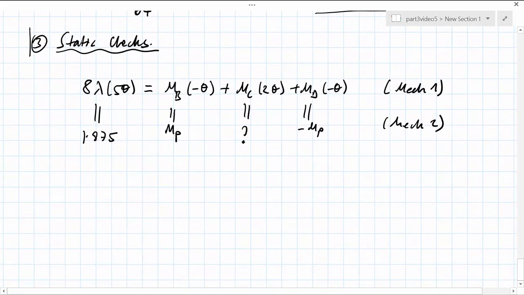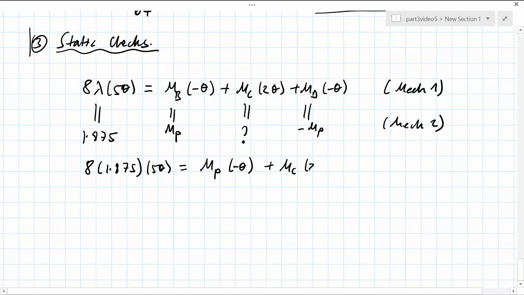So performing this calculation, we have 8 times 1.875 times 5 theta equal to MP times minus theta plus MC times 2 theta minus MP times minus theta.